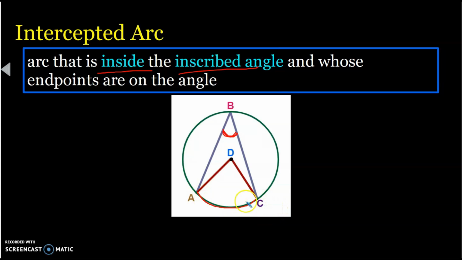Okay, you will also notice that aside from angle ABC, AC is also the intercepted arc of the central angle ADC. There you have it. So again, from the given figure, katapat ng arc AC ang central angle ADC, as well as the inscribed angle ABC. Still, intercepted arc niya ay AC. Okay? So, I hope that it's clear for everyone.